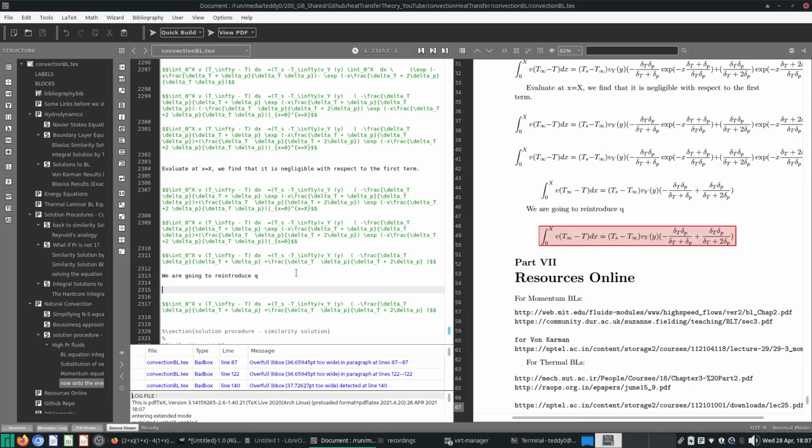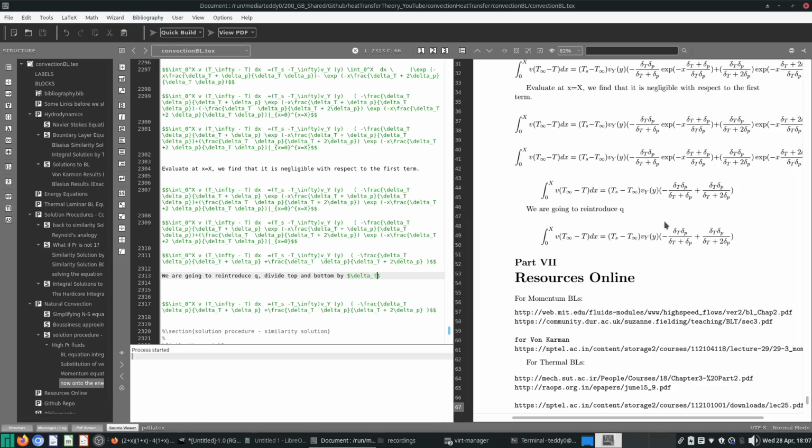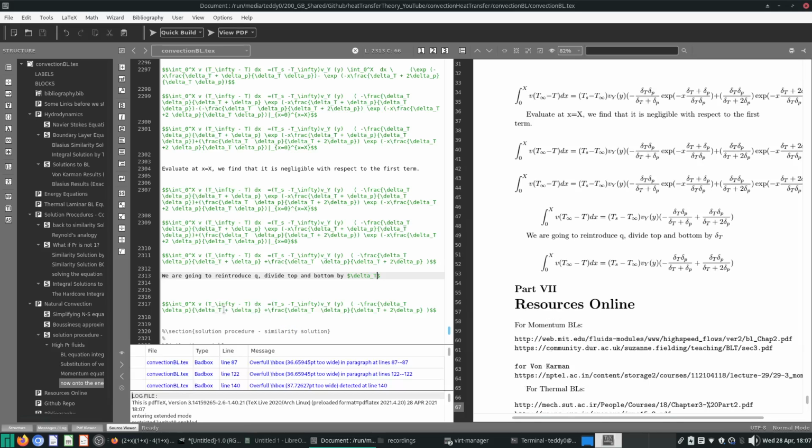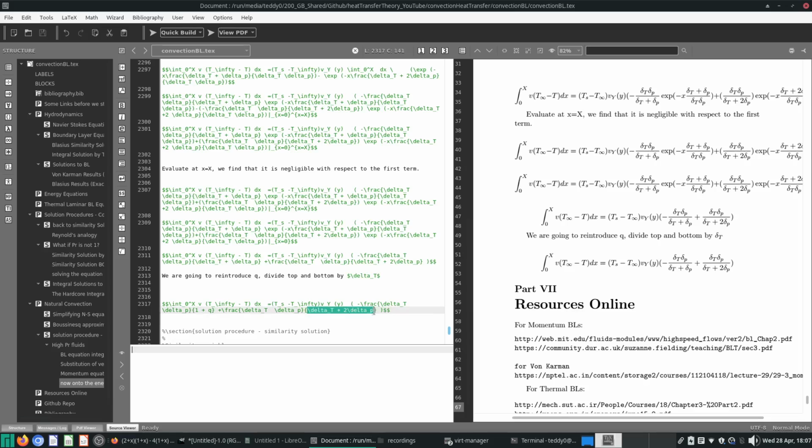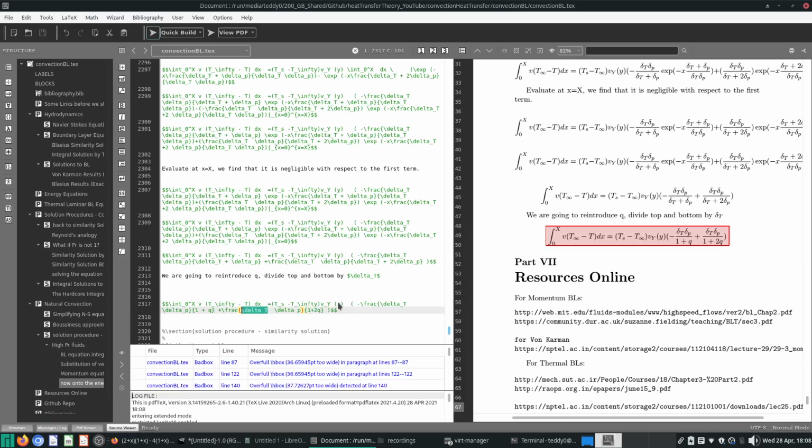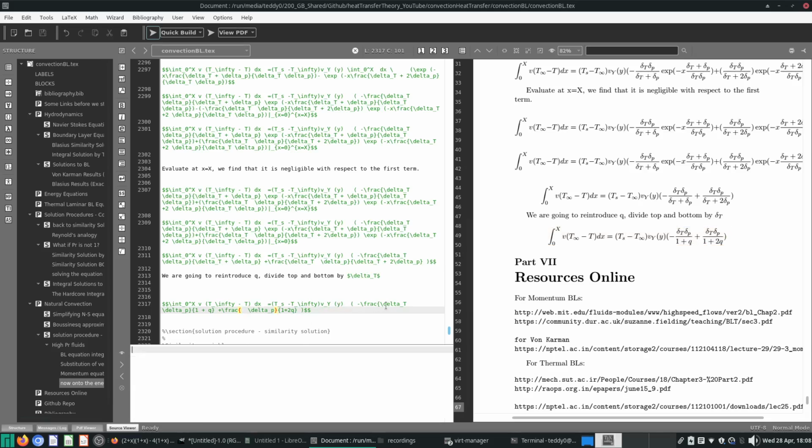So divide top and bottom by delta t before we combine the fraction. So it should make life a lot easier for us. So 1 plus q at the bottom, 1 plus 2q here, and both on top will just reduce to delta p, and that makes the combining of fractions less tedious.